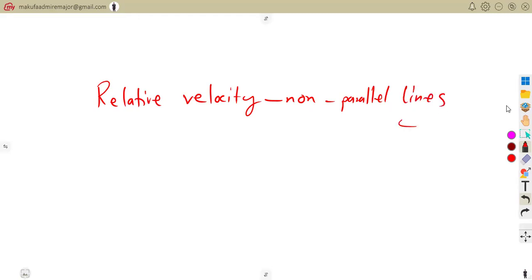So for you to calculate, let's say we are given a condition to calculate the relative velocity of A with respect to B. Depending on the textbook you're using, it can also be written as VAB.